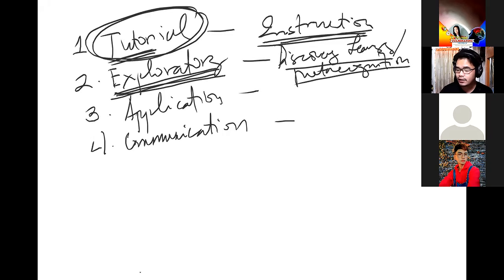Aside from delivering the information to the learner directly, the learner can also use it to explore additional information. So it is used by the learner when he asks questions, when he wants to have answers to certain questions. That is what we mean by exploratory. There are many educational technologies that could serve that purpose, like the internet. Okay? Application is for productivity.